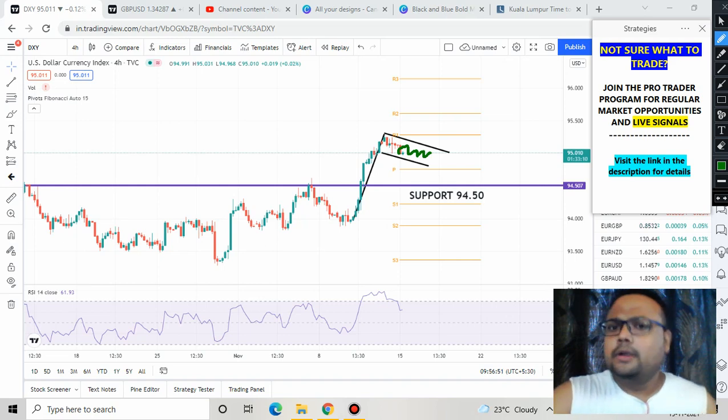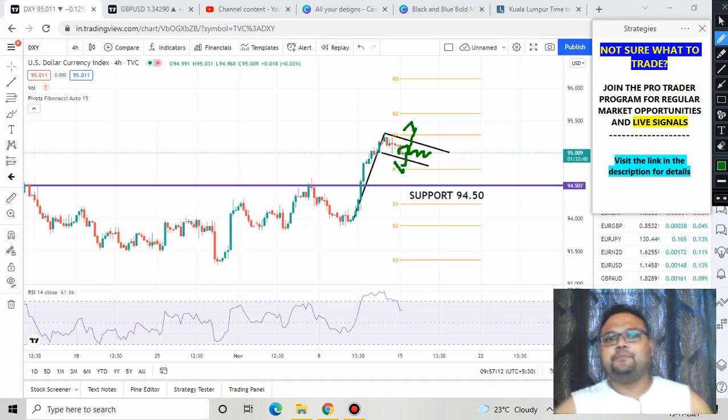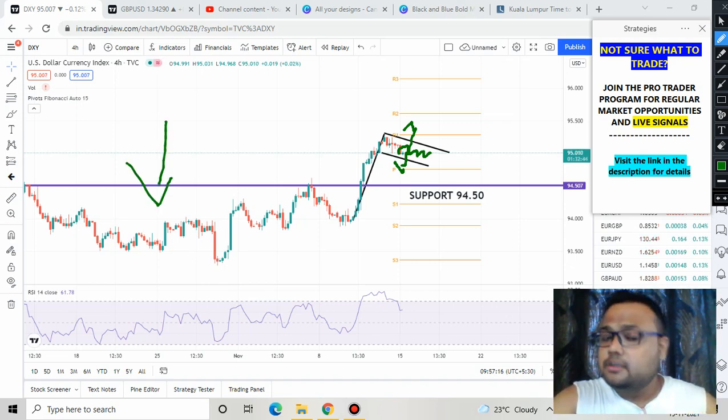But on the other hand, if DXY breaks the line and starts going down, or if the uptrend continues on US dollar and it breaks the line and starts going up, then definitely there will be huge volatility in the market, there will be turmoil in the market. So keep your eyes on DXY, because whenever DXY goes up, GBP USD goes down, and when DXY goes down, GBP USD goes up.